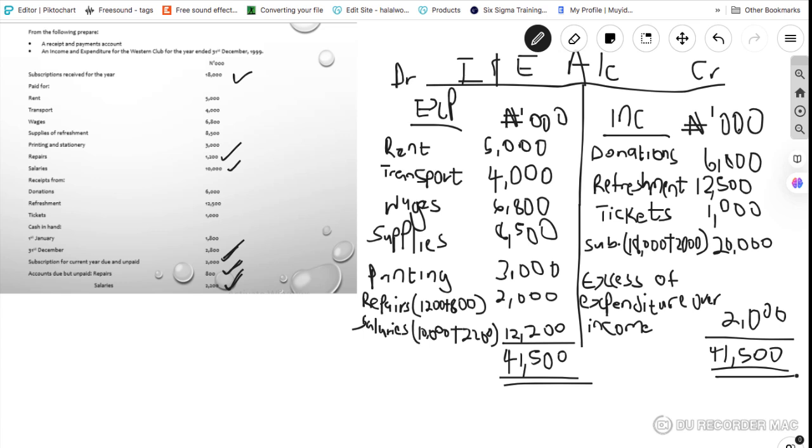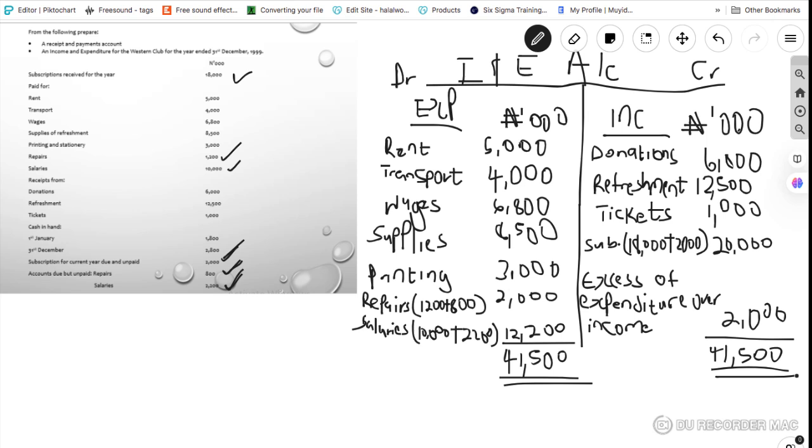You should know the double entry concept, which tells you that for every transaction, for every receiver, there must be a corresponding giver, and for every debit entry, there must be a corresponding credit entry. The receiver and the giver are the parties involved in the transaction, and it is your duty as accountants to ensure that we prepare these accounts accurately in line with generally acceptable accounting principles.